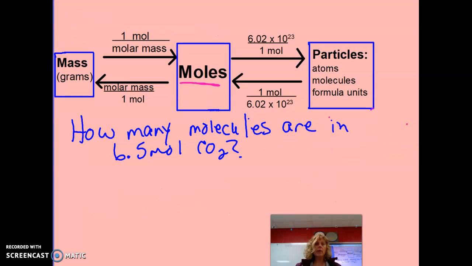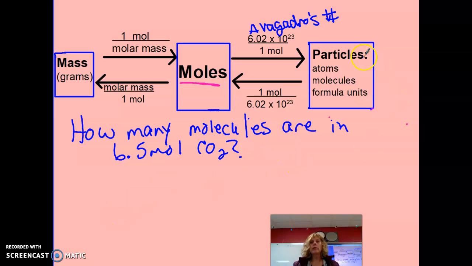Okay, so what if I want to know how many molecules are in 6.5 moles of CO2? Now I'm going to follow this path, and I get to use this great big number, called, remember, Avogadro's number. Let me write that. Avogadro's number.